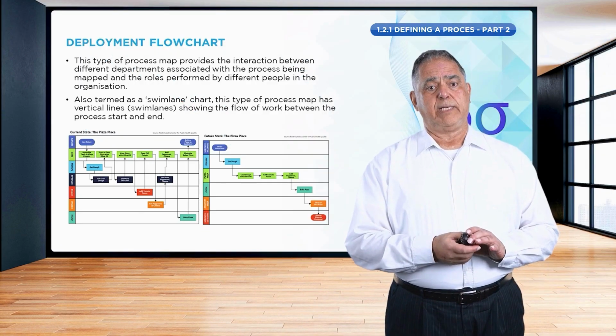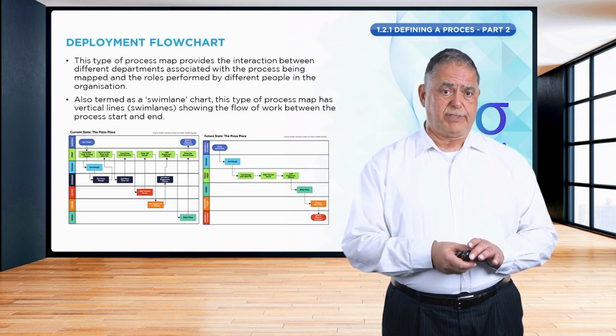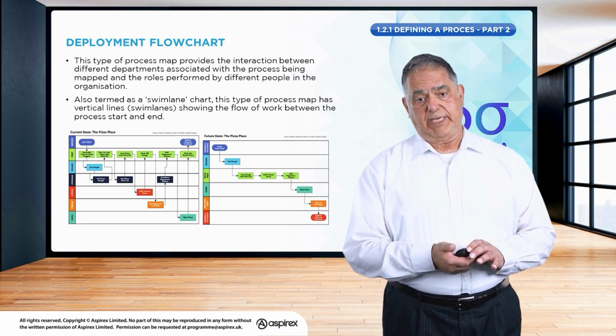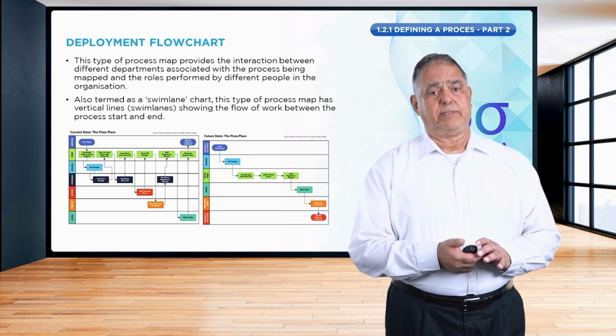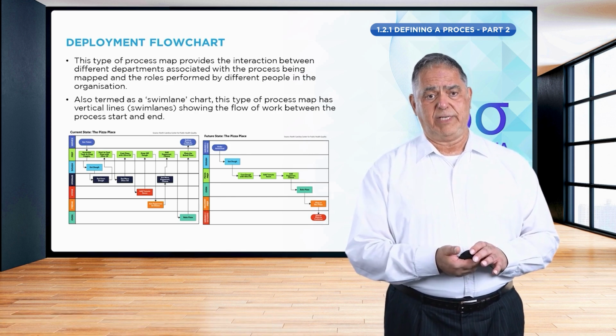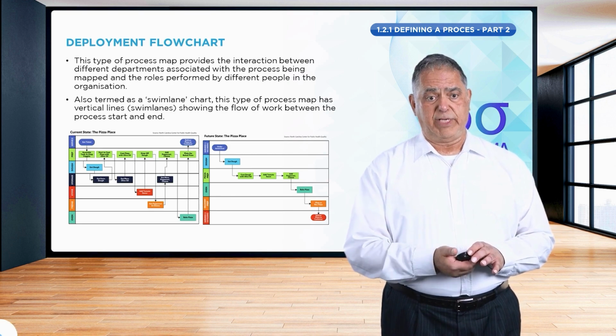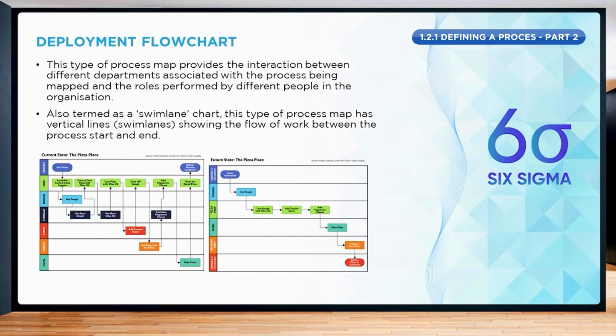This is an example of a deployment flow chart. In this case, we have the pizza place, and this is obviously a facility that produces pizzas, like a pizzeria. So on the left-hand side, we have the current state of the process before we make any changes.